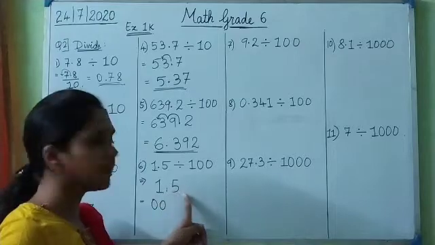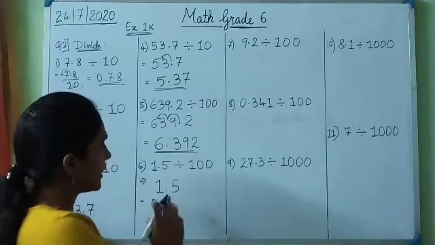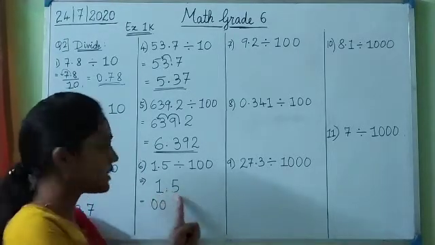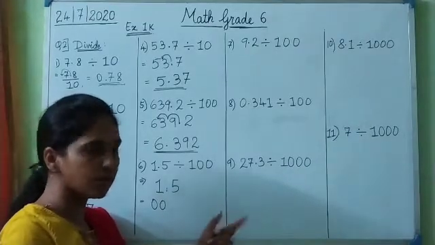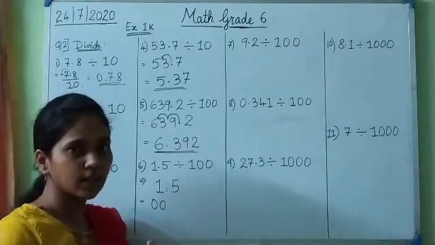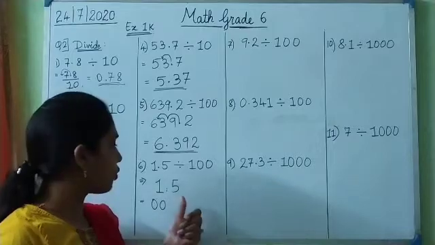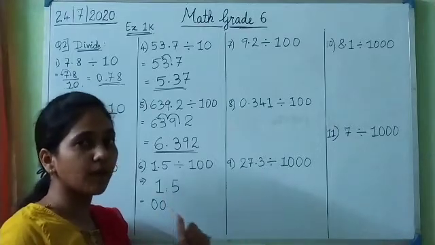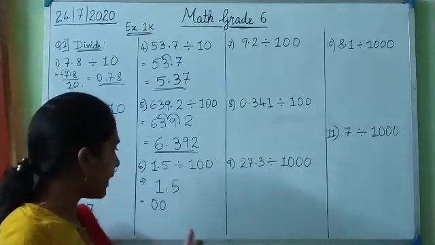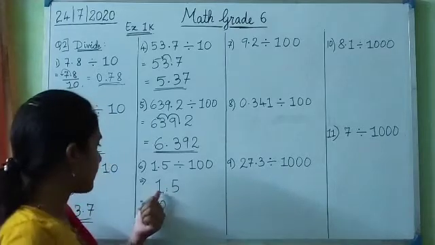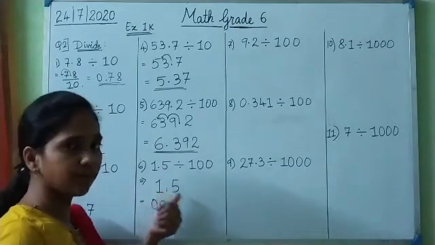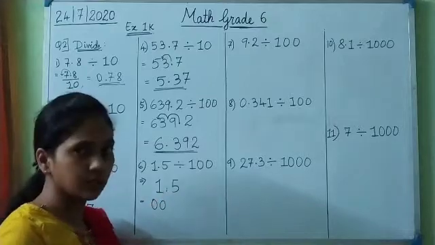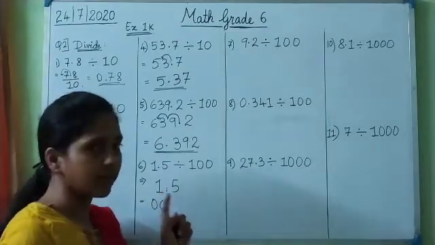Even if we add zeros after the 5, it will make no difference. The number will remain 1.5 only. But if we add zeros between 1 and 5, it will make a difference. The number will change.